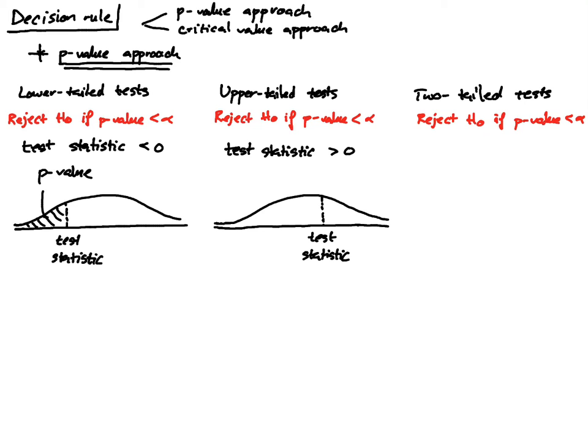Okay. Then the p-value is the area under the curve to the right of your test statistic. And here we're talking about the z distribution, right?